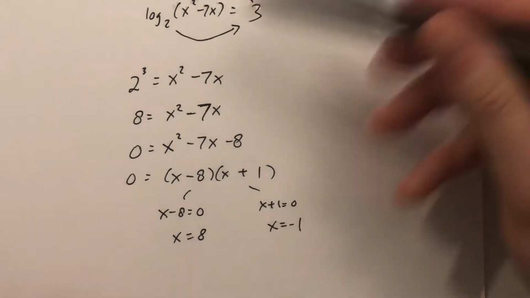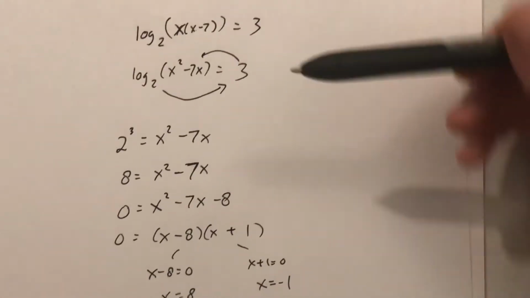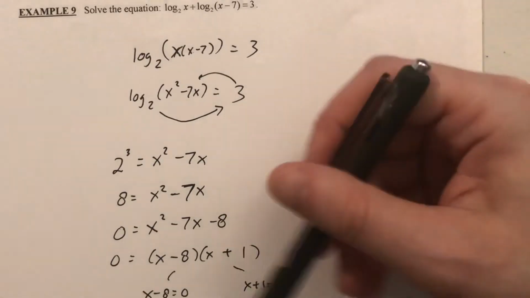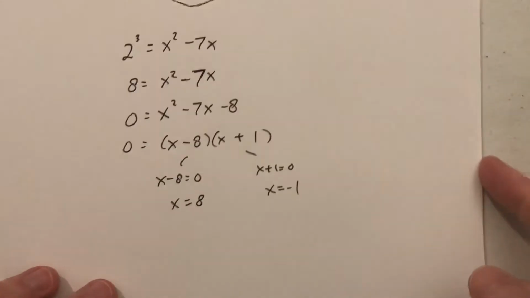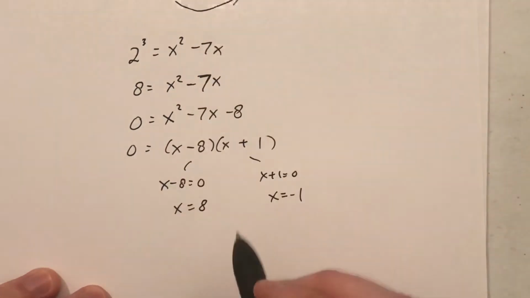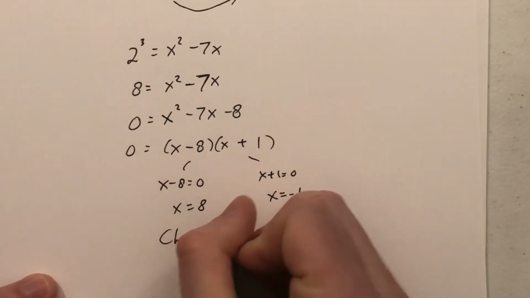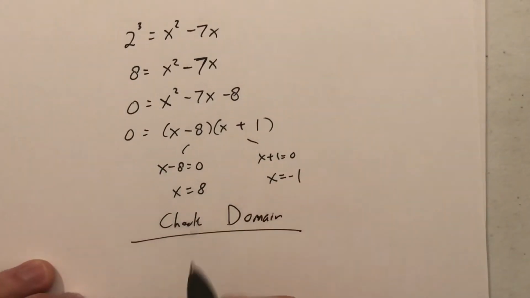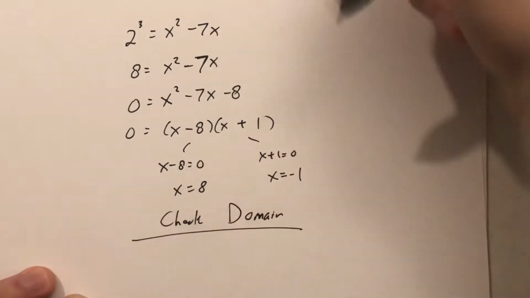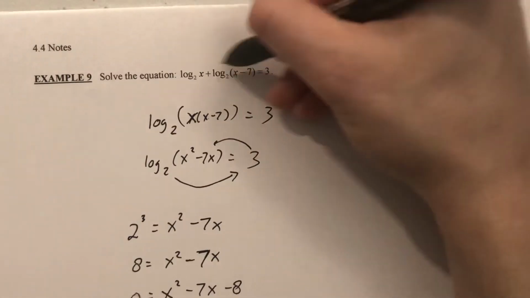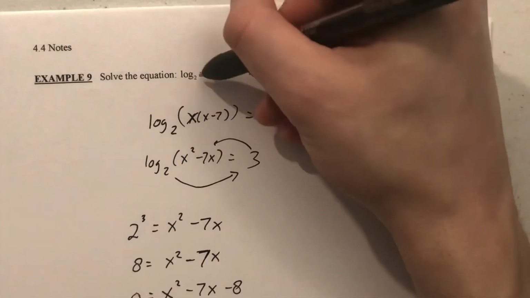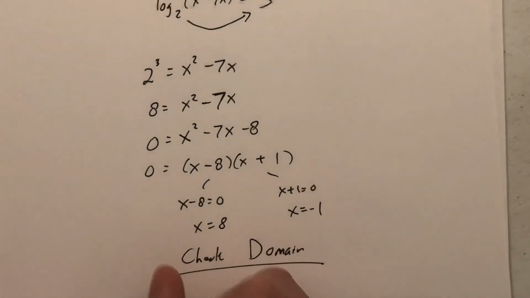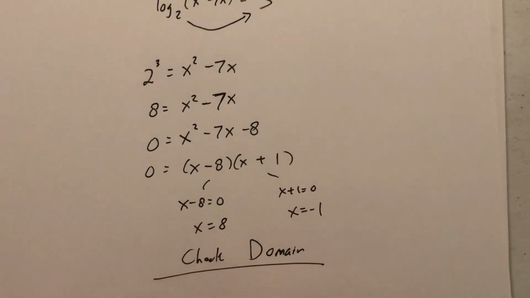Now, all this work, do not forget, anytime you're solving a logarithmic equation, and notice we never had to do this with exponential equations earlier in the section, but when you're solving logarithmic equations, you do have to check the domain. So, checking 8 in each of these individual logarithms from the beginning, right? There's two different logarithms. Well, x being 8, that's positive.